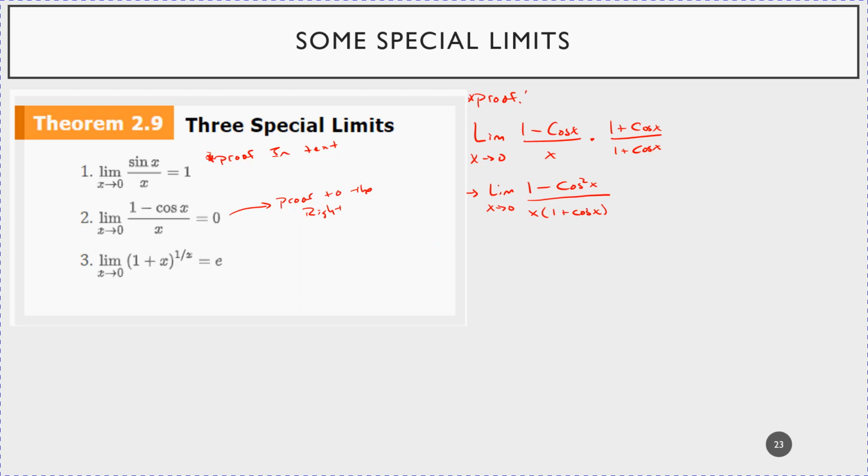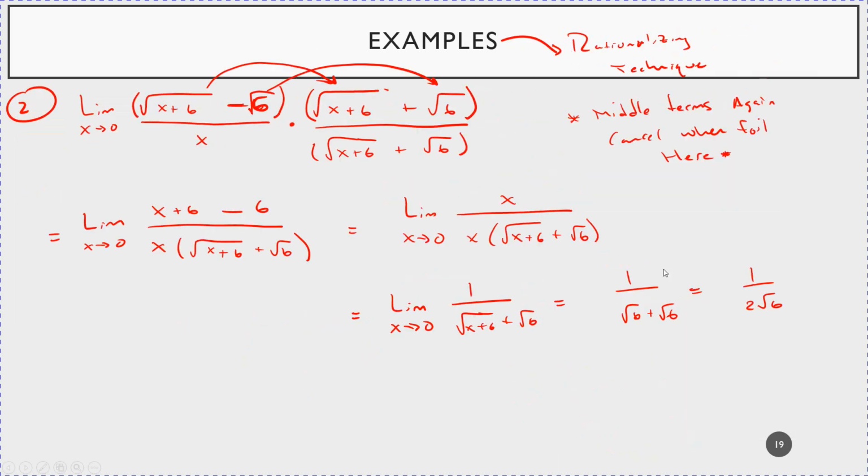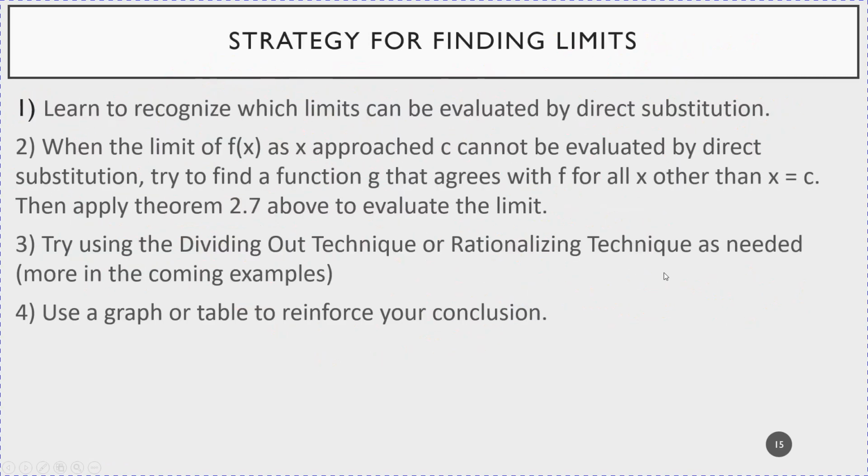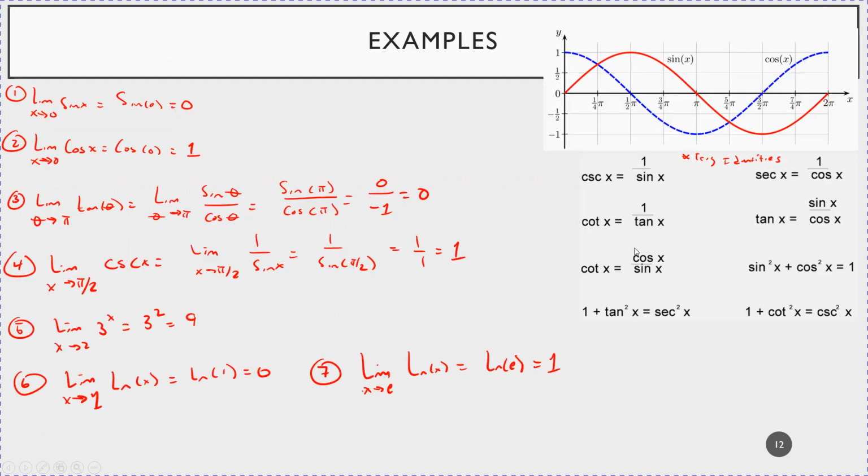What you do next is you have to remember a trig identity. If you look back, I'm going to go back real quickly in the slides here. If you remember this one right here, what it was telling us is that sine squared of x is equal to 1 minus cosine squared of x.